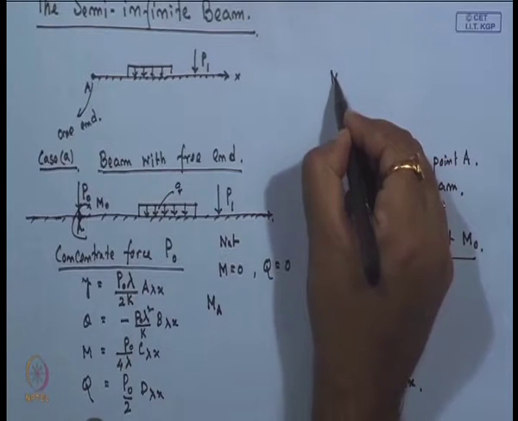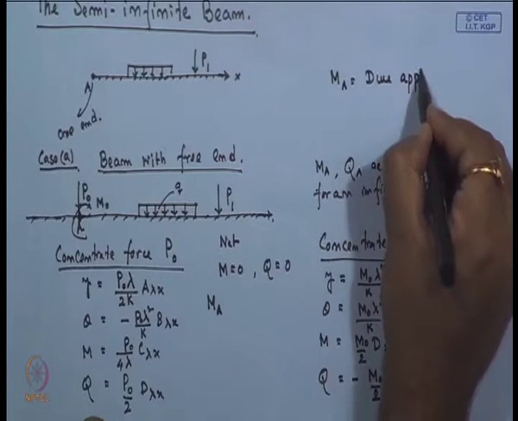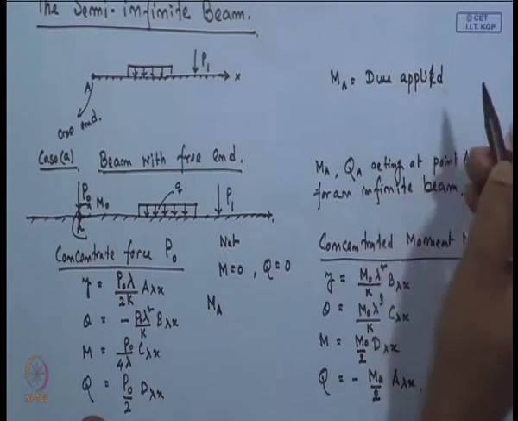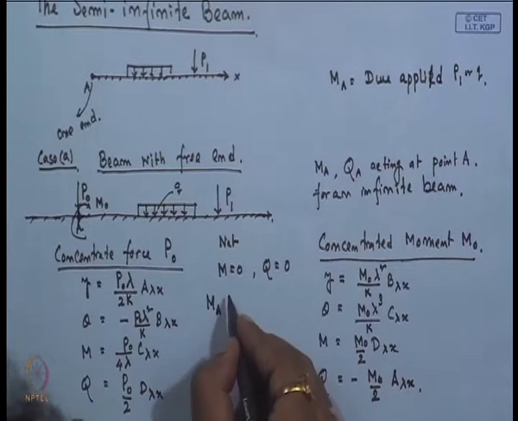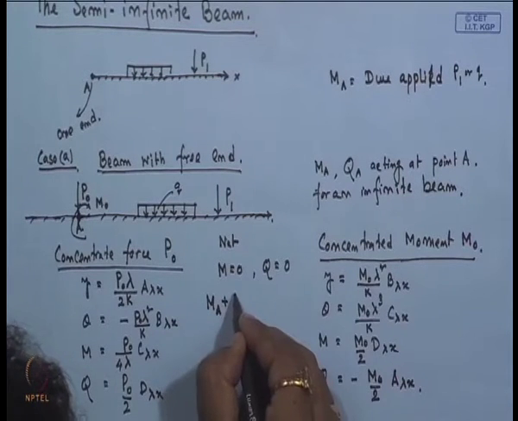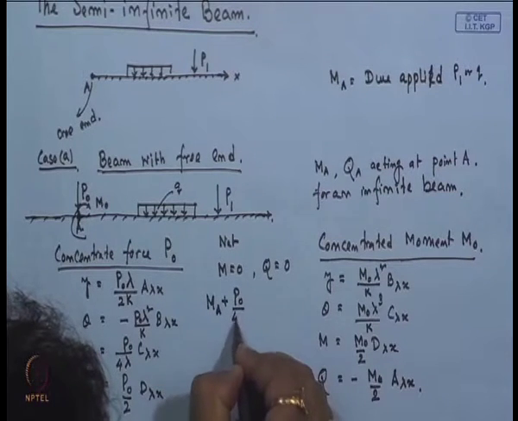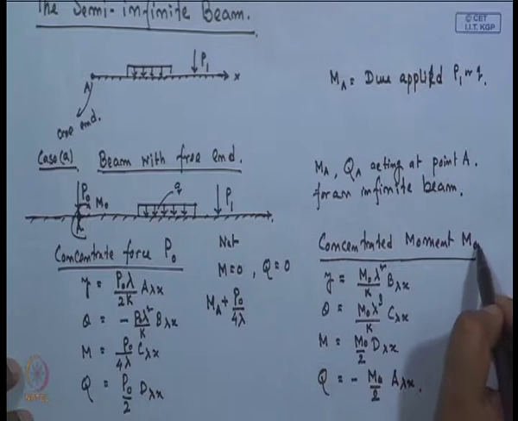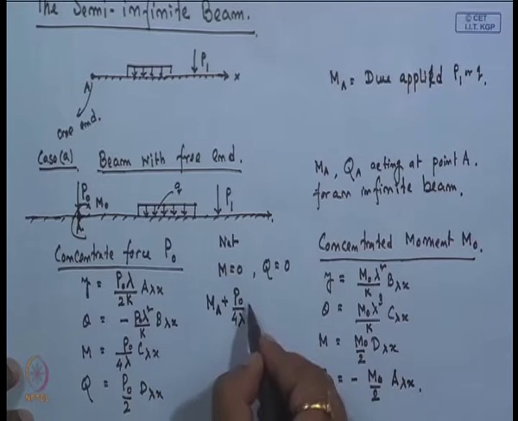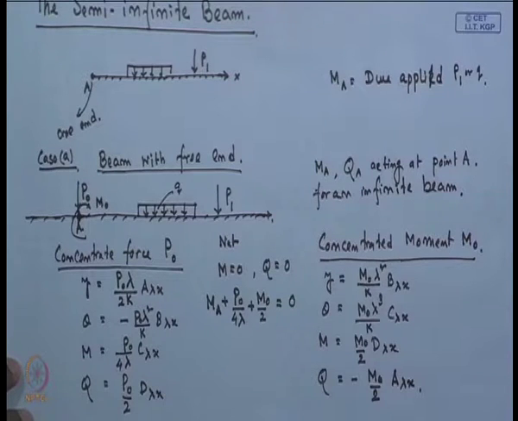So, m a we can write due to applied P 1 or Q. So, m a will be plus the moment due to this concentrated force, that will be P 0 by 4 lambda, then another moment due to the concentrated moment, that is m 0 by 2, so plus m 0 by 2. That net moment is 0.